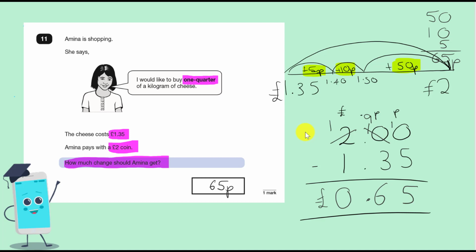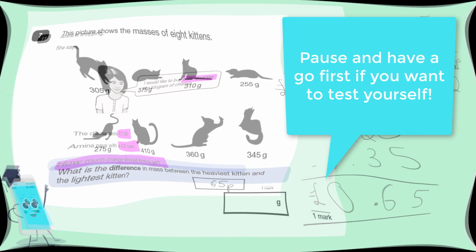Do not write in 0.65, that would be wrong. It needs to either have a pound sign at the beginning or just the 65p. Let's move on to the next question.